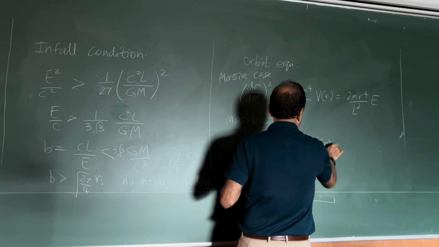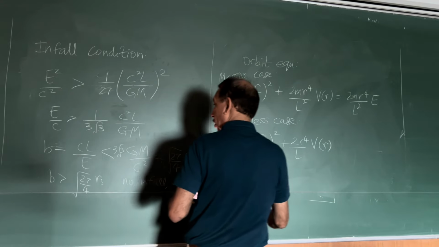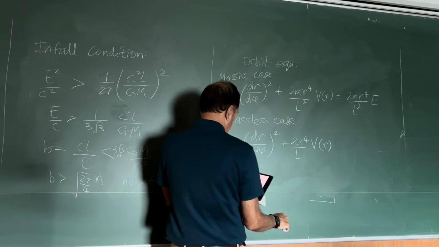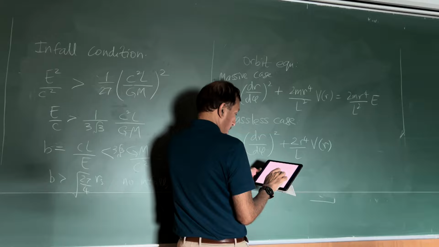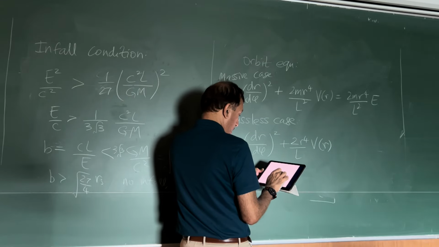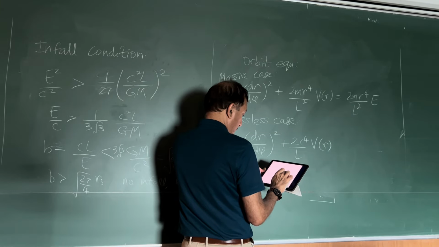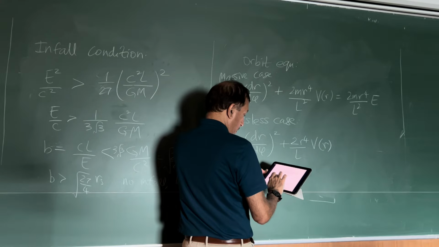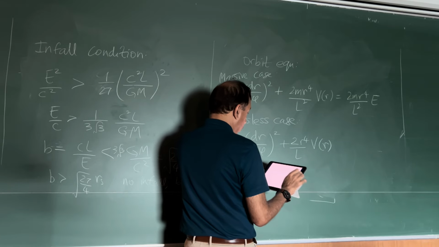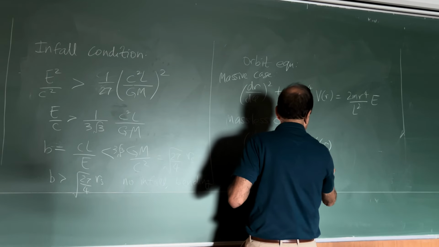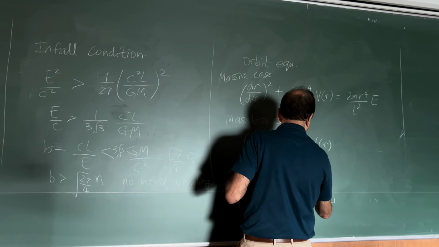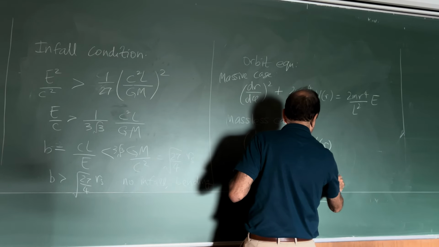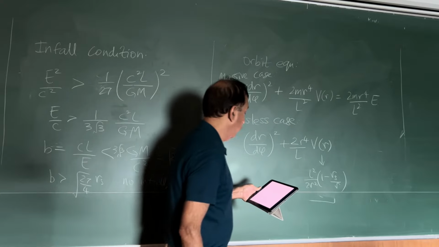And this V of r is the one that I had written down, which was that factor times L squared by 2r squared, 1 minus rs upon r.